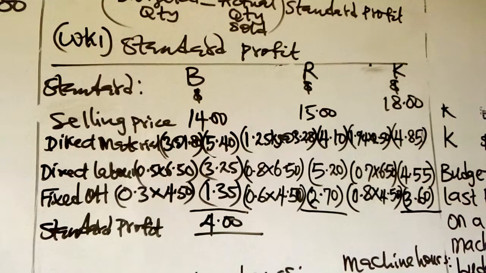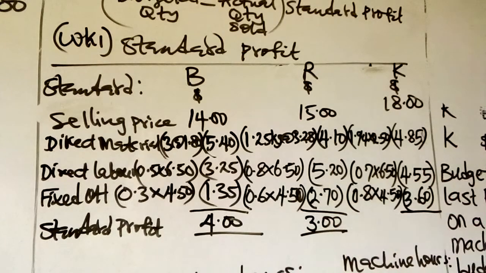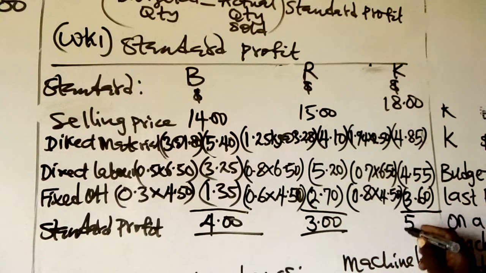For R: 15 minus 4.10 minus 5.20 minus 2.7, then you have $3.00 per unit. That is the standard profit. For K: 18 minus 4.85 minus 4.55 minus 3.60. That gives us $5 per unit. That is the standard profit.